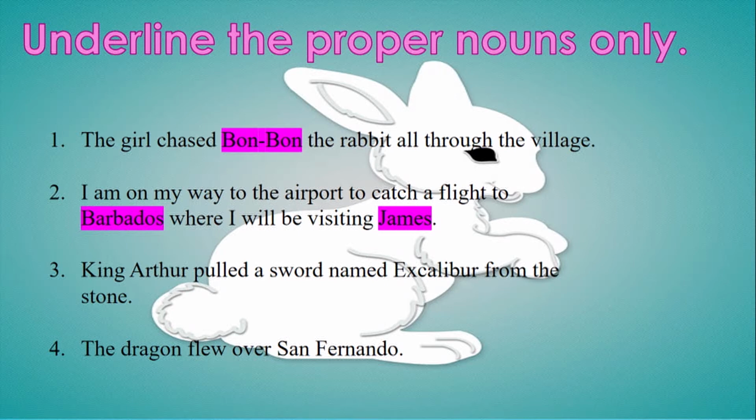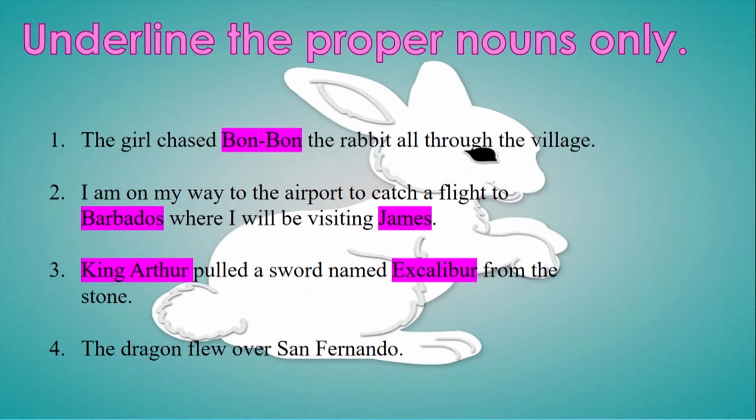"I am on my way to the airport to catch a flight to Barbados," one specific country, "where I will be visiting James." You may be going to Barbados another time to visit Sally or Michael or Jeremiah, so you have to know exactly who you're visiting when you're going. Number three: we have King Arthur.